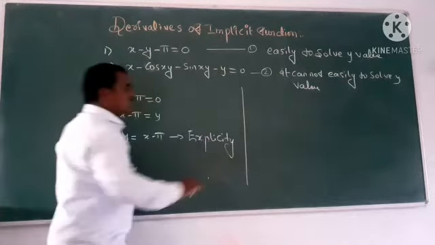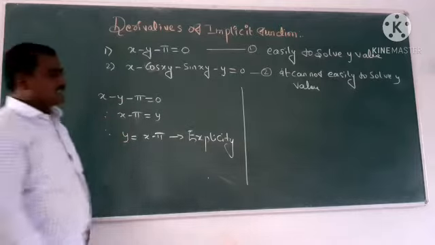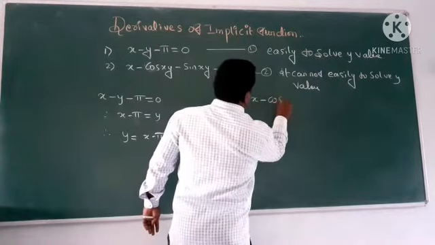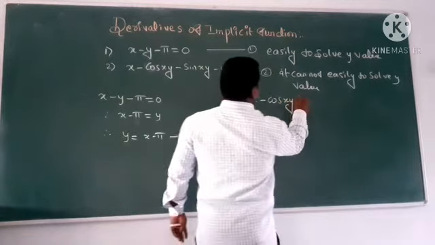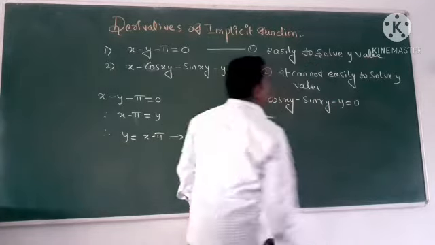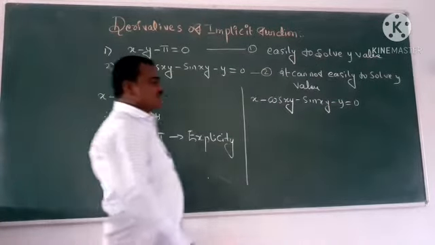Another bigger problem is the second one. Observe: x minus cos xy minus sin xy minus y equals 0. Look at the statement.